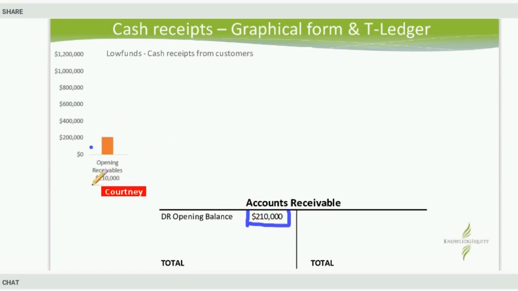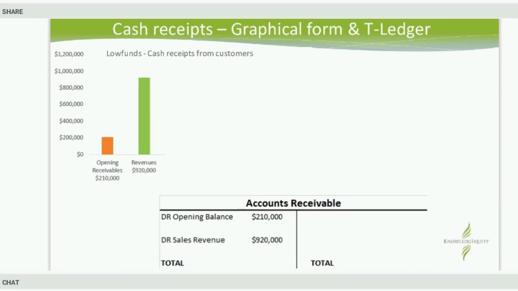So we can add this to the starting point. Then, during the period, we make another $920,000 worth of sales. So we add these two amounts together, and that gives us total cash to be collected, 1.13 million.